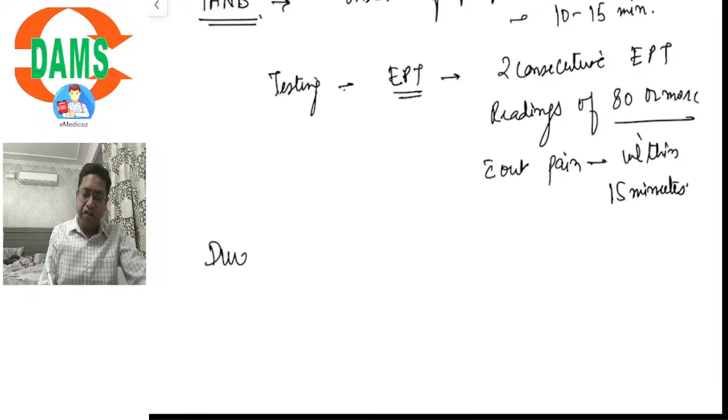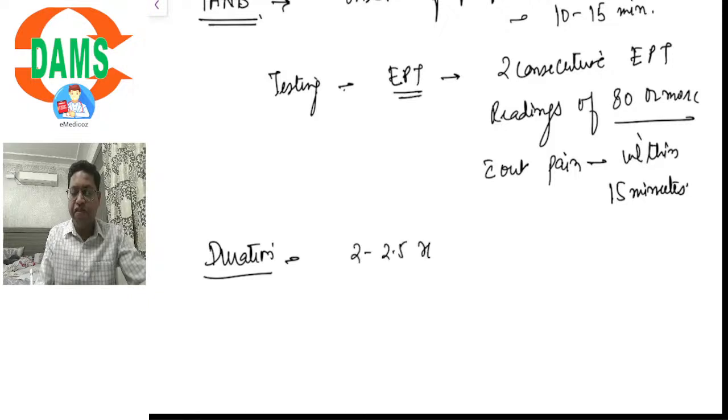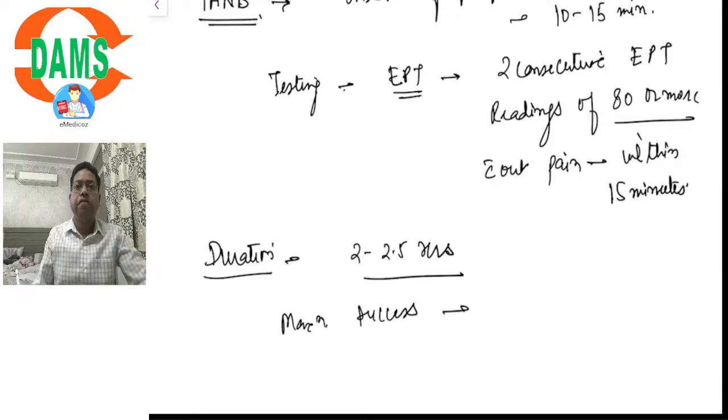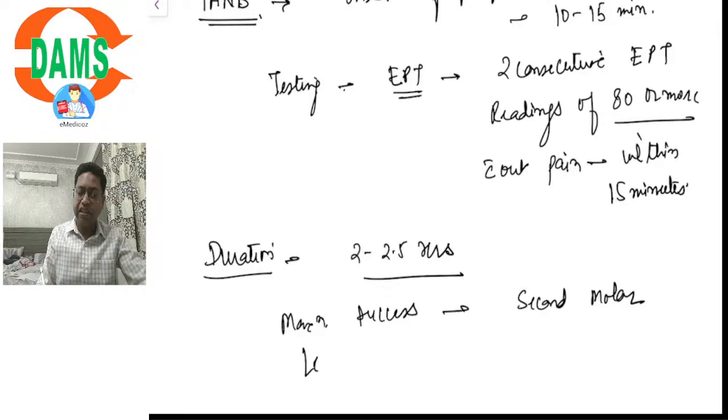What would be the duration of pulpal anesthesia with inferior alveolar nerve block? It is usually in the range of 2 to 2.5 hours if it is given correctly. And maximum success of inferior alveolar nerve block is with the second molar, and least success, maximum chances of failure, are with the central incisor.